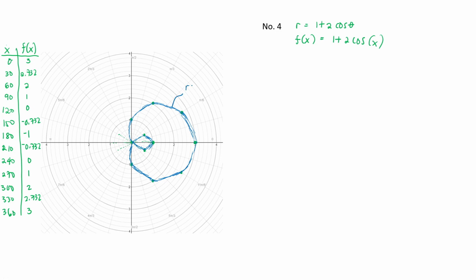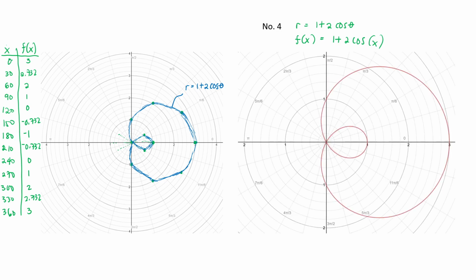So this is r equals 1 plus 2 cosine theta. This is the graph being generated by Desmos.